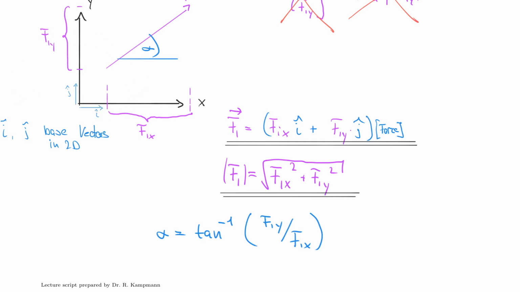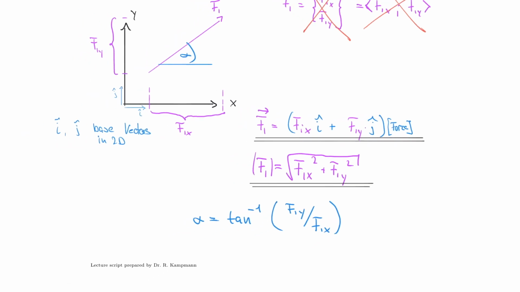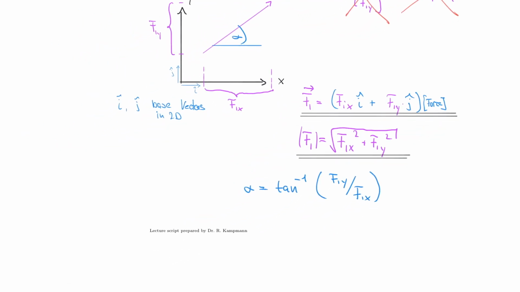So let me give you one example, although I want to encourage you to think about this yourself, but because this goes wrong so many times on exams, let me just show you what happens if you have a force in the second quadrant. So let's say we have an x-y coordinate system here, and your force is really acting in this direction. If you now use the tangent function, you will not find the angle that's relevant.